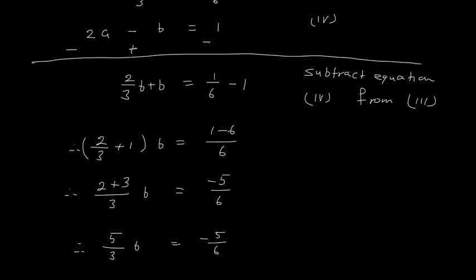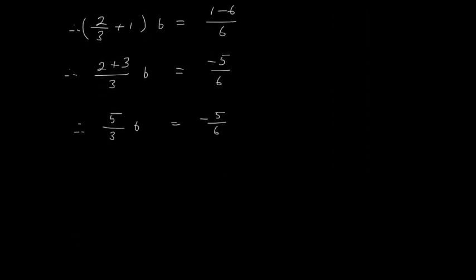This will give me the value of b. So therefore b is equal to minus 5 by 6. I will move this to that side, so it will become 3 upon 5. So this minus 5 and 5 cancel, 3 ones are 3, 2 twos are 6. So therefore I have b is equal to minus 1 by 2. I get the value of b.